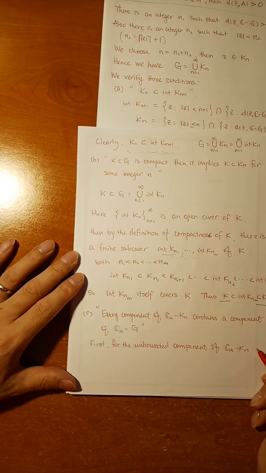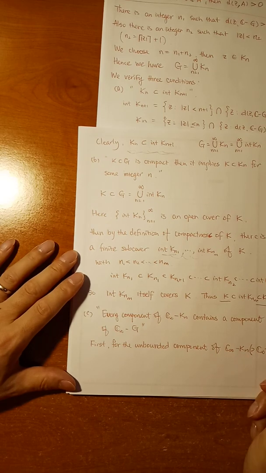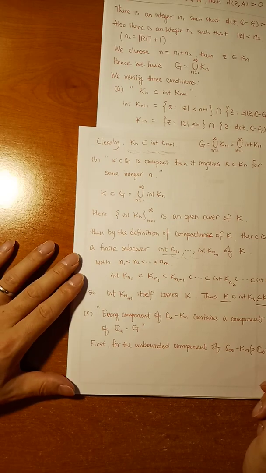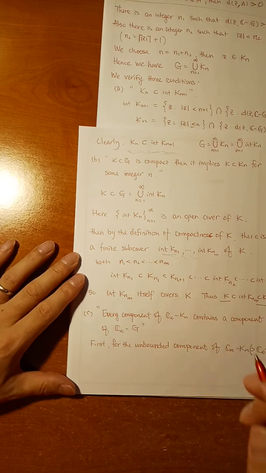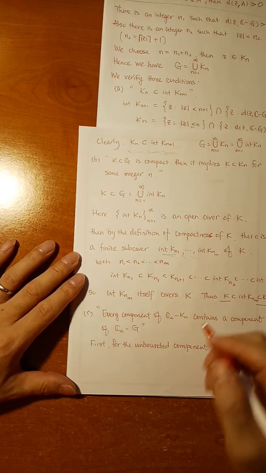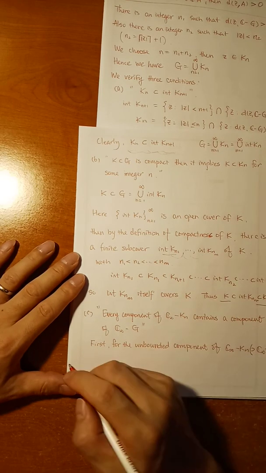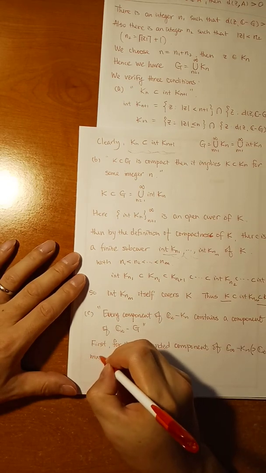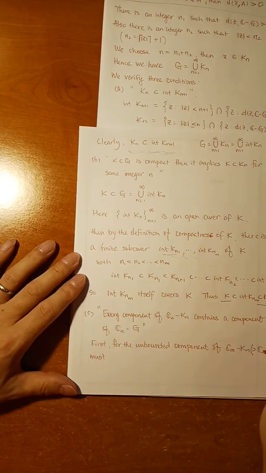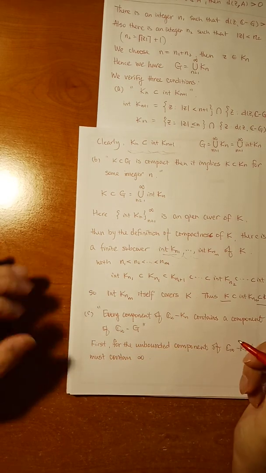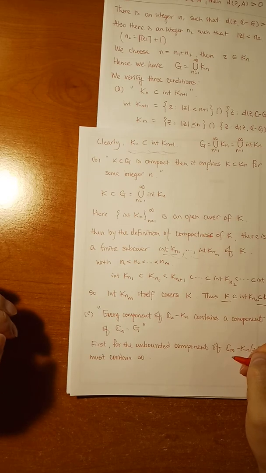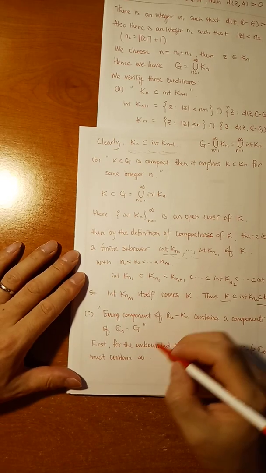Kn is a subset of G, and of course, C infinity minus Kn contains C infinity minus G. And the unbounded component definitely contains infinity. The unbounded component of C infinity minus Kn must contain infinity. Infinity becomes an element in C infinity. Okay, so it contains a component of C infinity minus G. Which component?